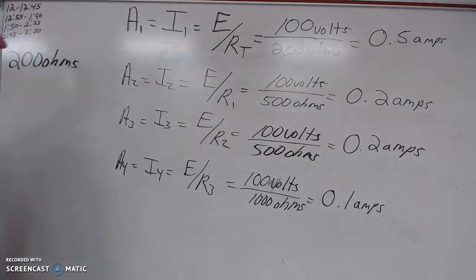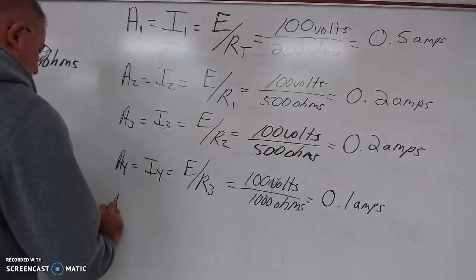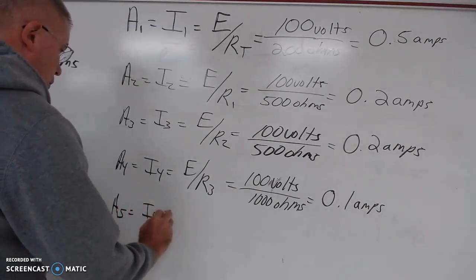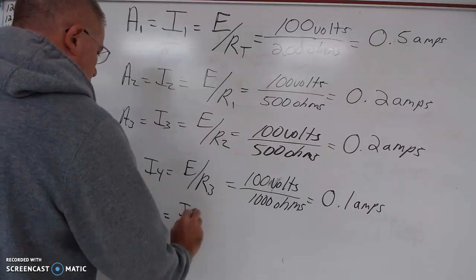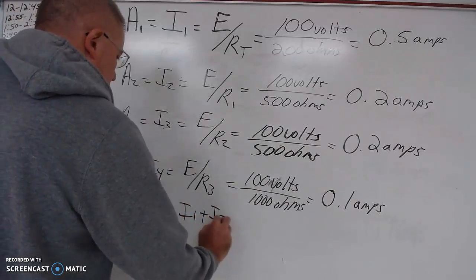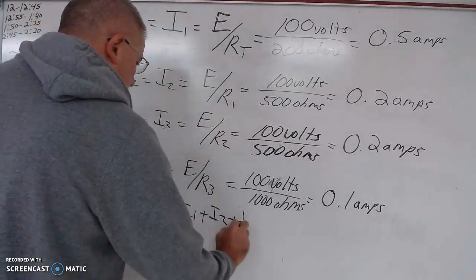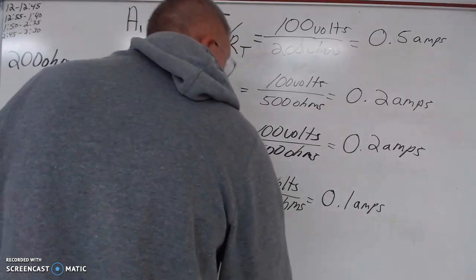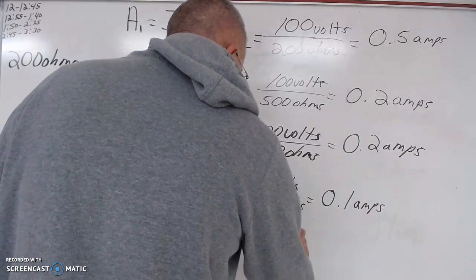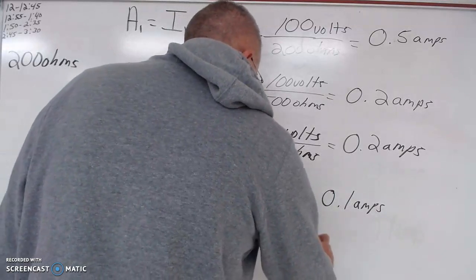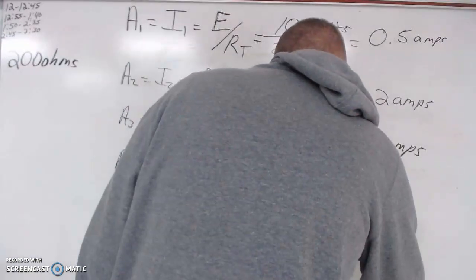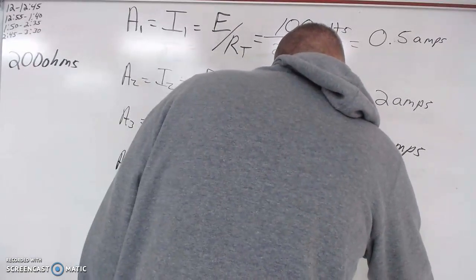And then for I5, or they call it A5, we're going to take I2 plus I3 plus I4, which is 0.2 plus 0.2 plus 0.1, and that equals 0.5.